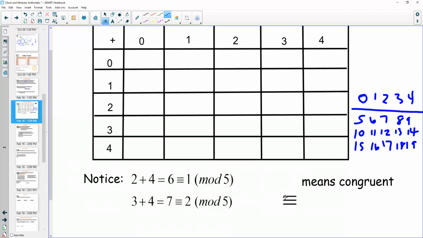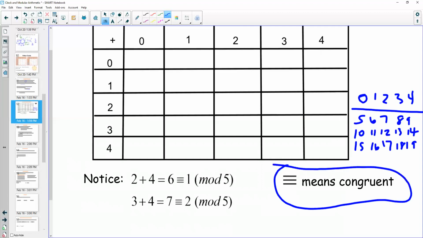Okay, when we talk about congruent, essentially what happens is any number in that column is congruent to 0. Any number in this column is congruent to 1. Any number in the 2 column is congruent to 2, and so on. We only have 5 spots in modulo 5, but we have to keep going if we have that value.